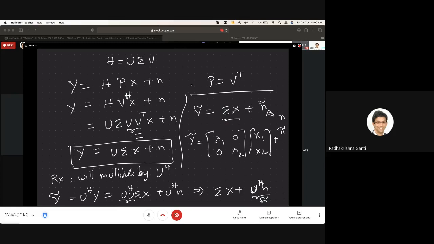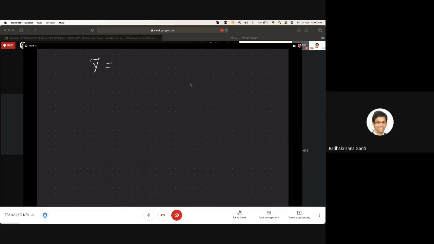So if I rewrite this properly, y tilde is equal to lambda 1, lambda 2, 0, 0, times x1, x2, plus n1 tilde, n2 tilde.